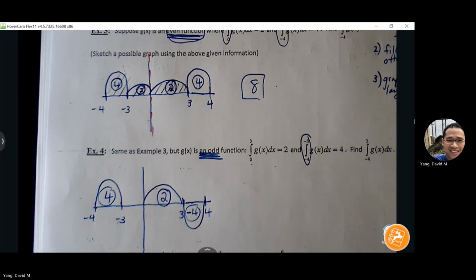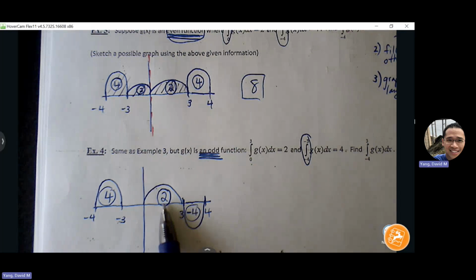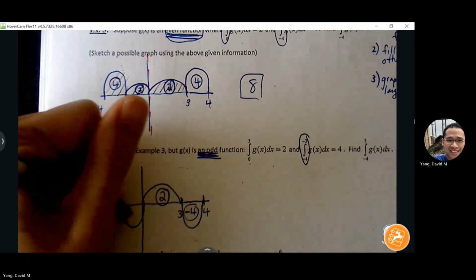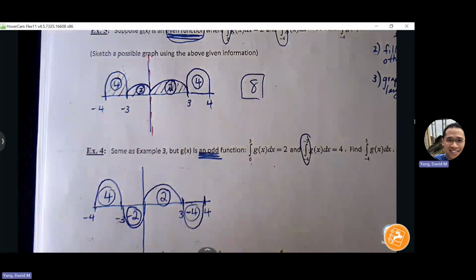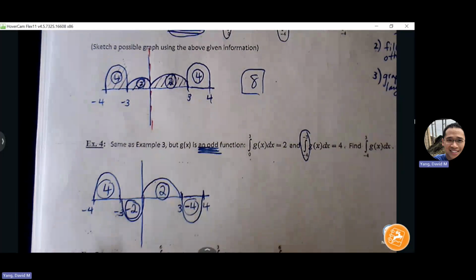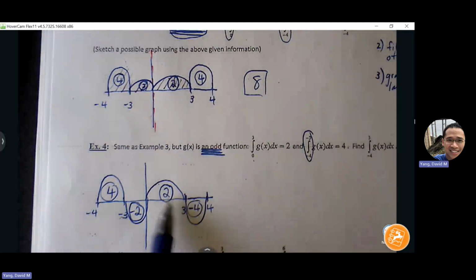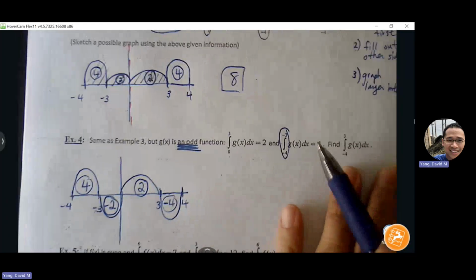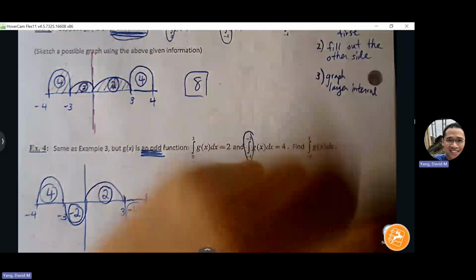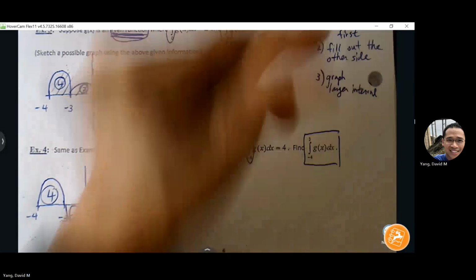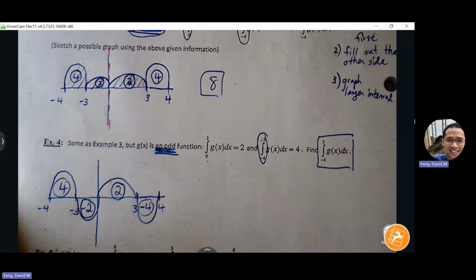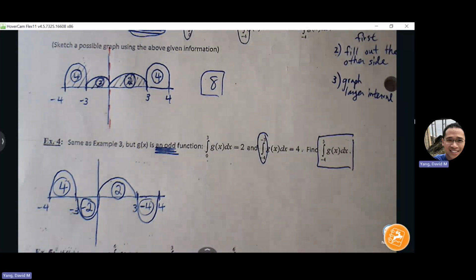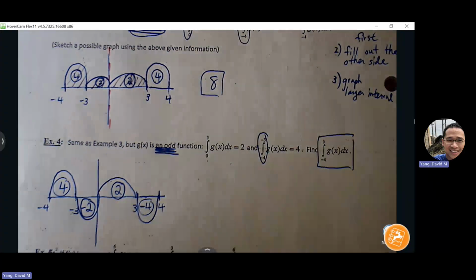Yeah, opposite of 2 is -2, right? So if we want to double check our graph, we should be able to add up all the numbers and it should total what? 0, and it does, right? Now 0 is not always the answer because the interval may not give you the same distance from both sides of the y-axis. So this one is only asking you to add from -4 to 3.